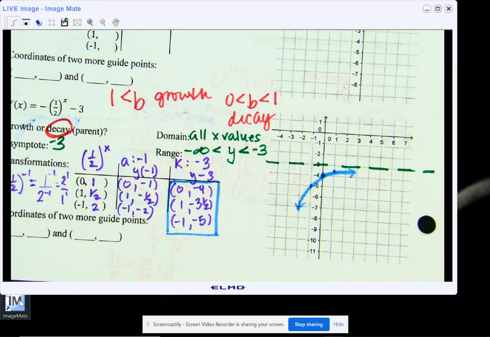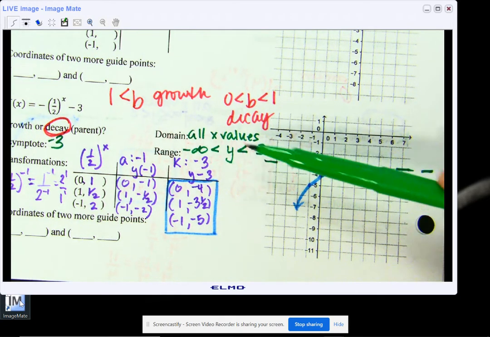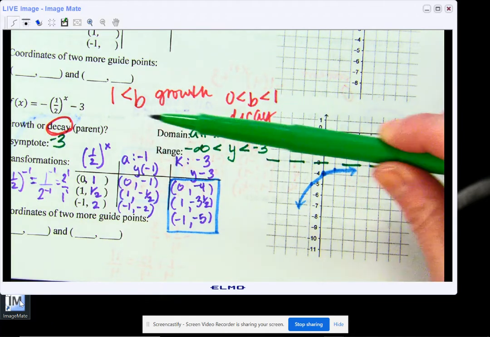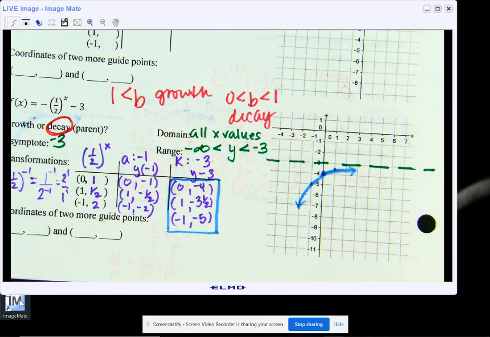It will never hit negative infinity because infinity is forever. That's just the way we write it when we show this is in between these two values. There is no actual number for negative infinity, so y is greater than negative infinity. That shows in between. Okay.